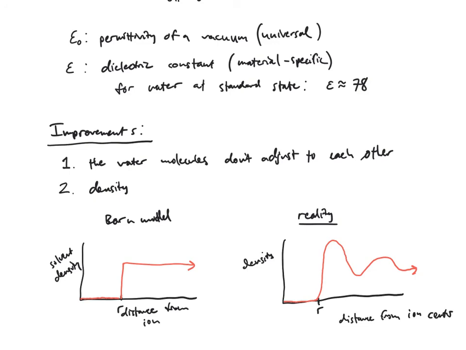And that's because that ion is pulling in a solvation shell of water molecules and pulling it tight. And then those water molecules actually prevent other water molecules from getting too close, and so that lowers the density at a certain point. But then outside those, more water molecules are attracted, so you get a series of solvation shells outside of that ion. And the Born model doesn't account for that. A better model would account for that particular phenomenon.